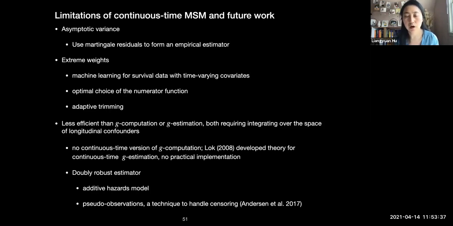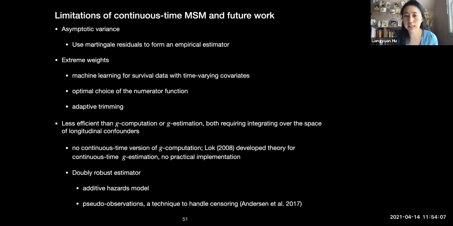There's also literature on optimal weights. It's a similar idea, sacrificing a bit of bias for a variance trade-off. We could also gain a bit of efficiency by using knowledge from the outcome-based modeling. It is known that weighting-based methods are less efficient than the so-called G computation or G estimation.